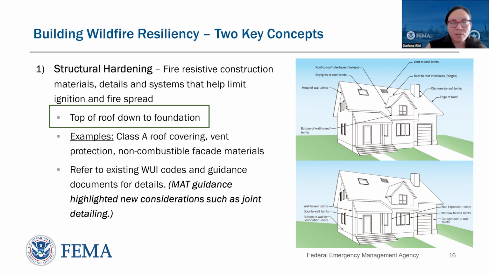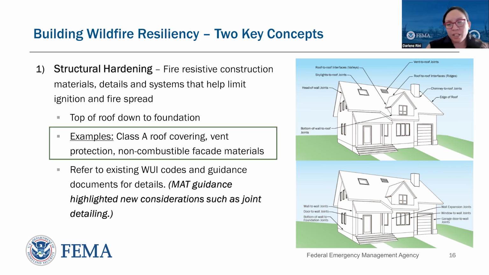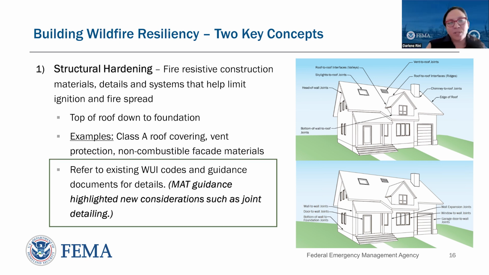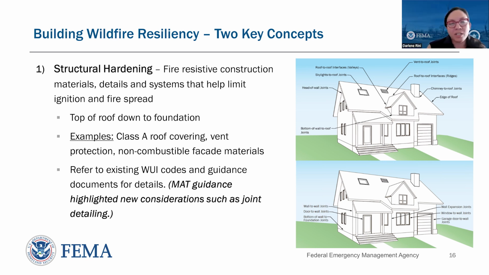Some example structural hardening measures include Class A roof covering, vent protection, and use of non-combustible facade materials. You can refer to existing WUI codes and guidance documents for a lot of details about the various types of components, systems, and features related to this.